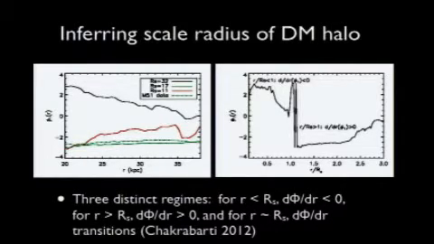Exterior to the scale radius, there's a positive gradient, and there's a transition region close to the scale radius. And that is what you see on the left plot as well, where you're probing regions interior, exterior, and close to the scale radius. So if you can observe this transition region with long baseline HI observations, you can determine the scale radius of specific spiral galaxies in the local volume.